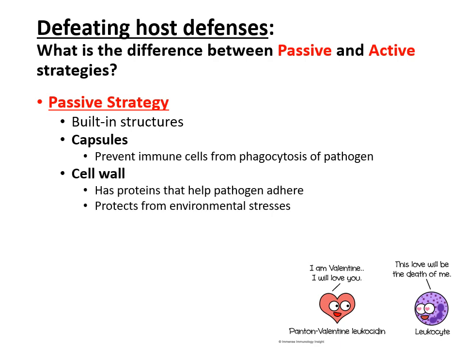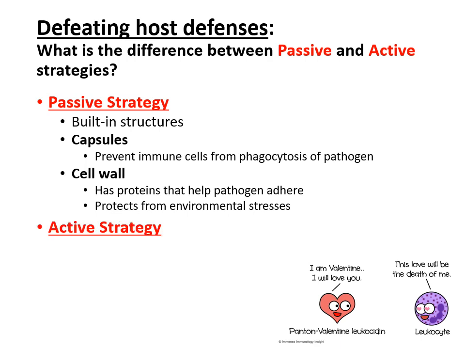Or their cell wall, which again physically blocks your immune system's targeting them, but also has proteins that help them to do what they need to do in your body, and that can be toxic or dangerous to your body to help protect them further. Okay? So again, passive strategies are parts of the bacteria that they already have to protect them. They don't have to do anything extra.